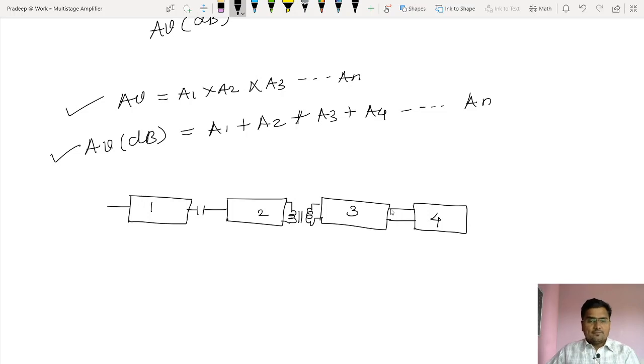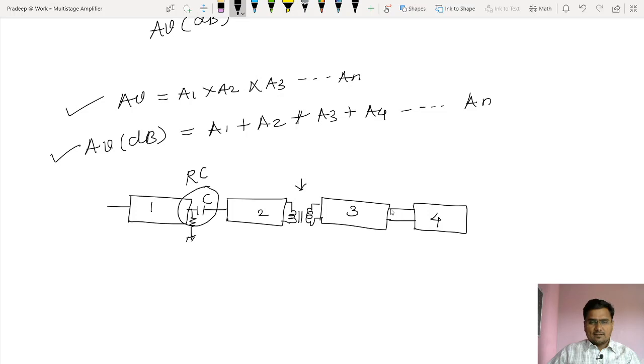Here the first stage is connected to the second stage by using a capacitor. As you know, a capacitor never comes alone, there is always a resistor. So here I am using a resistor and capacitor as coupling components.